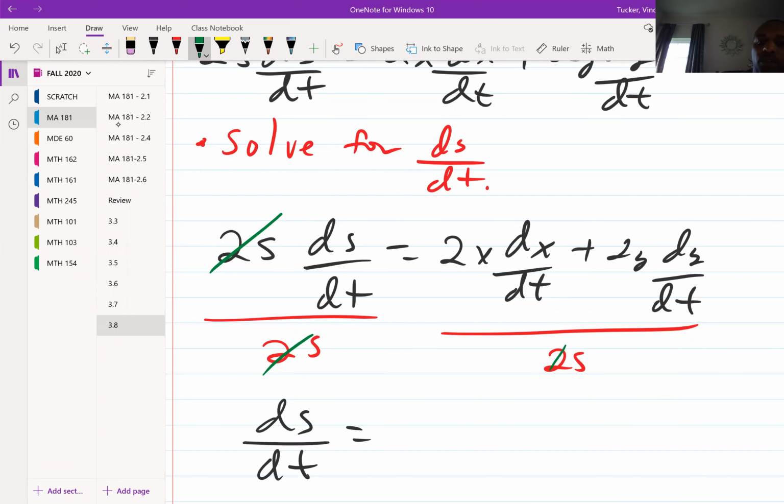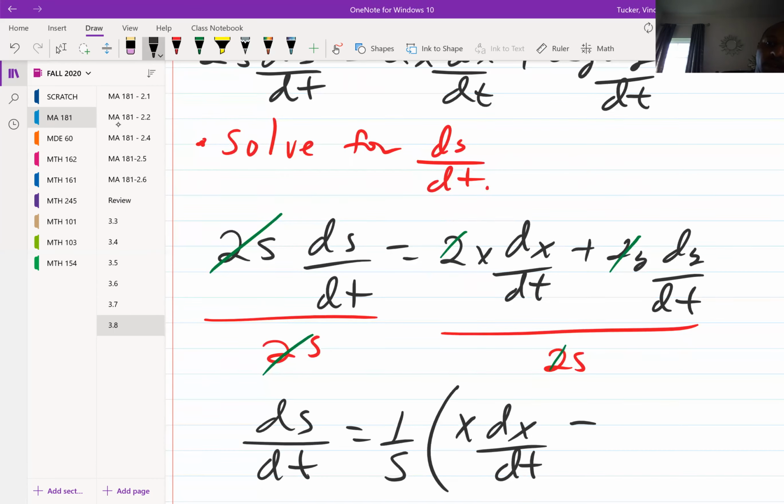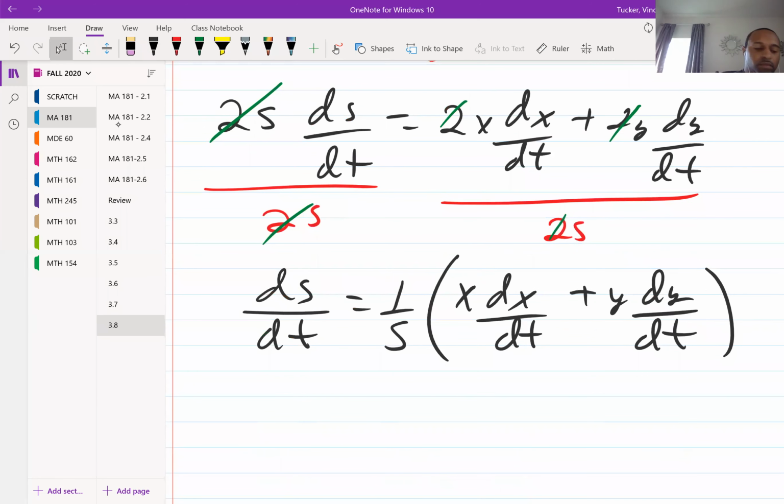Then these 2's will cancel out, and I will pull that s to the outside, so that's 1 over s, just to be able to write it neater. So that's 1 over s times x dx/dt plus y dy/dt.